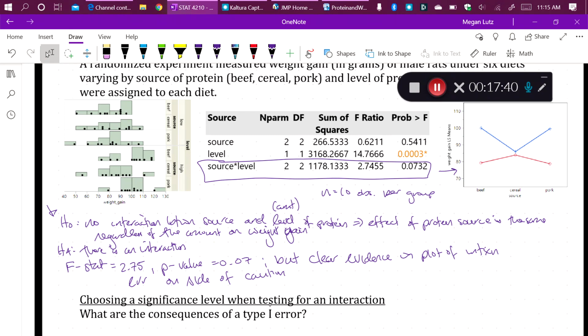What does this mean that we're doing? If we say that there is evidence of an interaction based on this plot and based on this slightly elevated but not super high p-value, so this is still a lowish p-value, if we say that there is evidence of a relationship when there really isn't one, what does that mean?